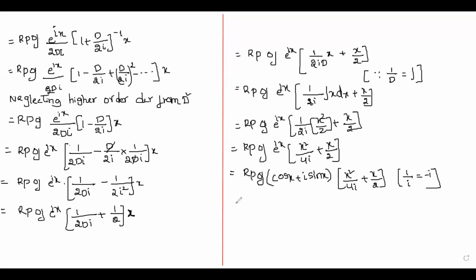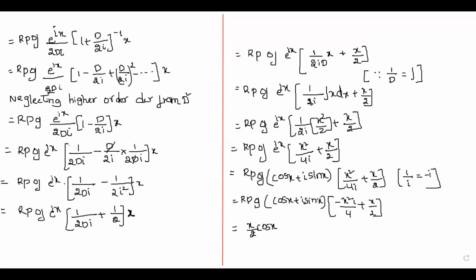So this will be equal to the real part of (cos x plus i sin x) into (minus x square i by 4 plus x by 2), so that we can collect our real part easily. If we multiply cos x into minus x square i by 4, we get the imaginary part, so don't take that. Now cos x into x by 2 means x by 2 cos x.